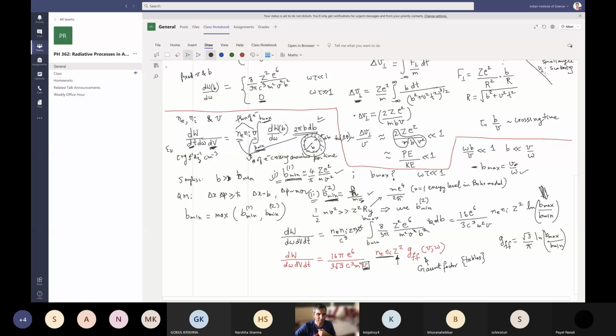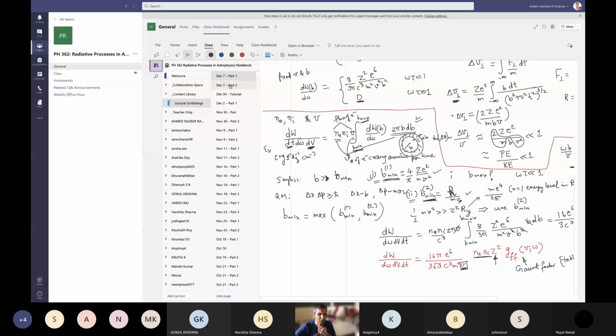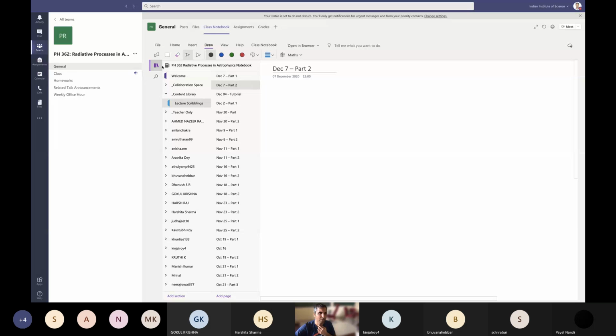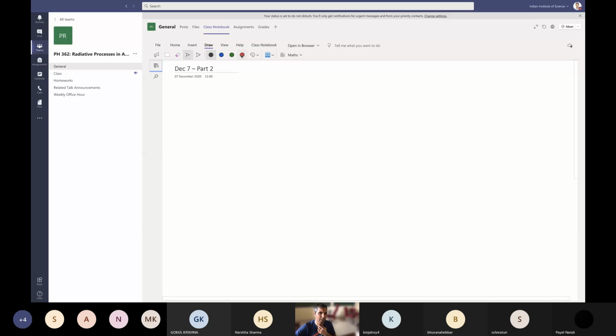So let's go to a new page, because now this is slowing down. Basically what I'm asking is thermal bremsstrahlung, right?